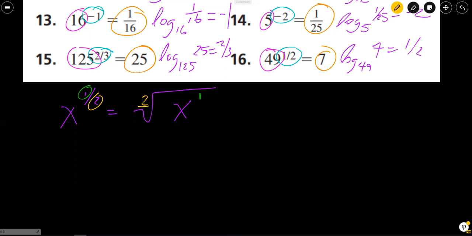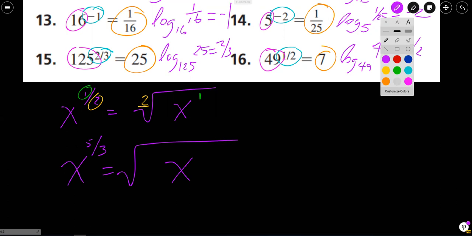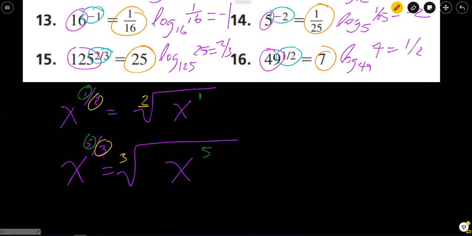But the index here is 2, and that's basically saying what value times itself, so a value to the second power, is going to equal the value on the inside. If I extend this, I can really put any values in there, right? If I have, let's say, x to the 5/3 power, well, that's going to be a root, but the 5 is going to be the power of the inside, and the 3 will be the index on the outside.